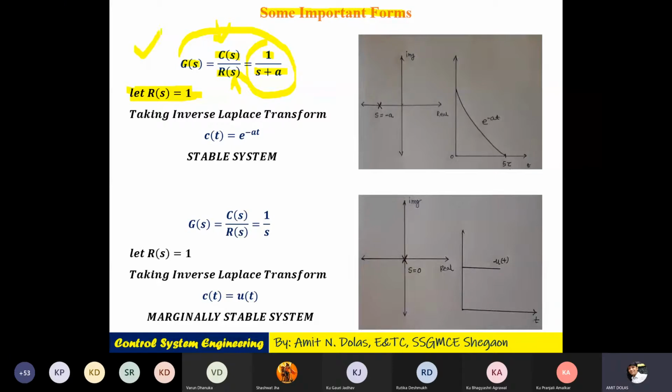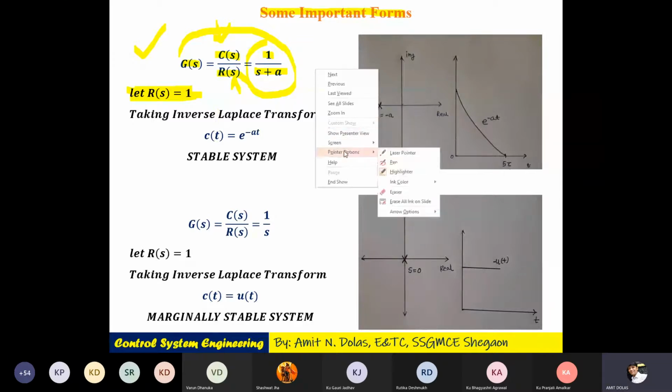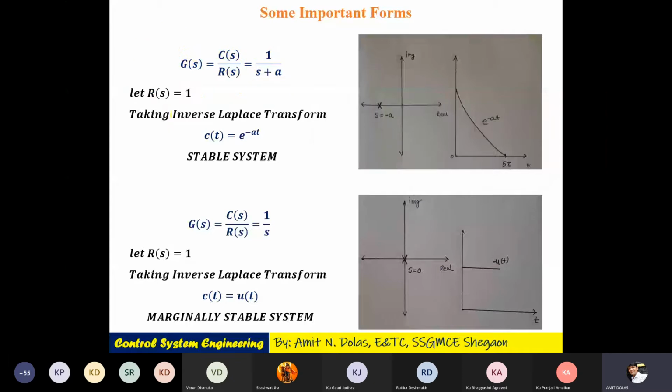This is in the frequency domain. We have to convert it into the time domain, and to convert to the time domain, we take the inverse Laplace. That's why we have seen Laplace transform properties and inverse Laplace transform properties.